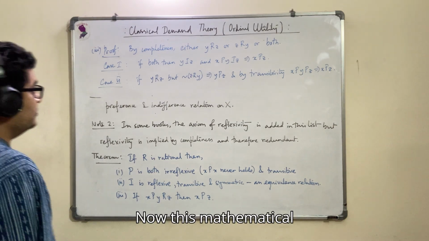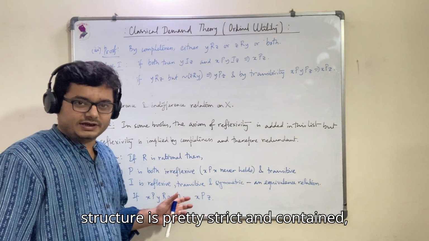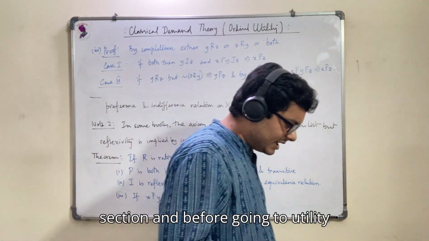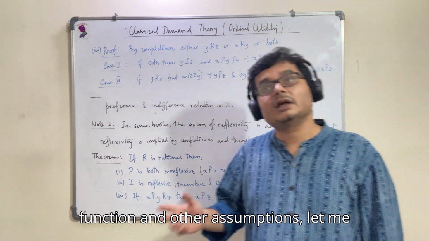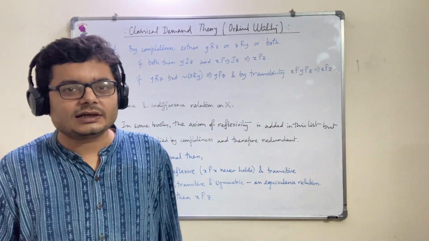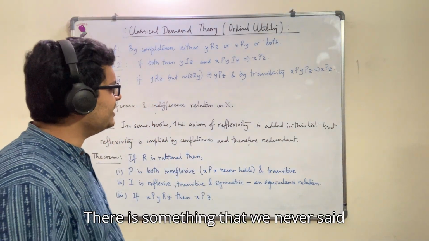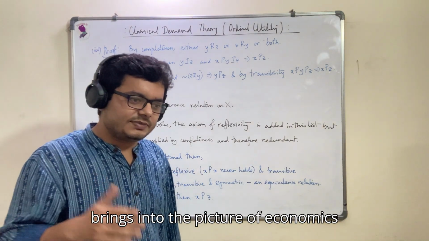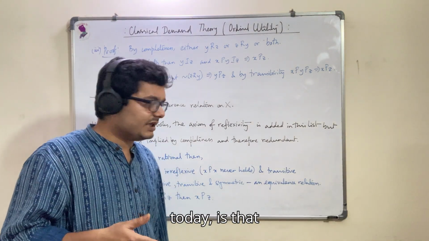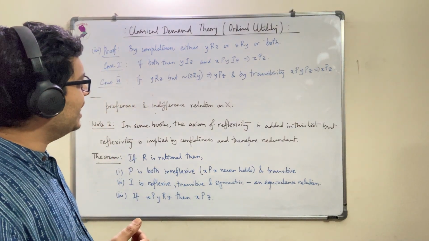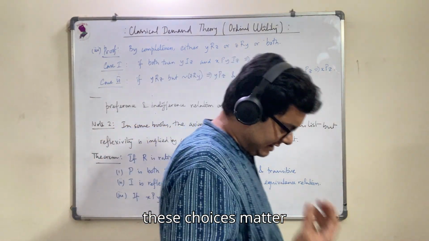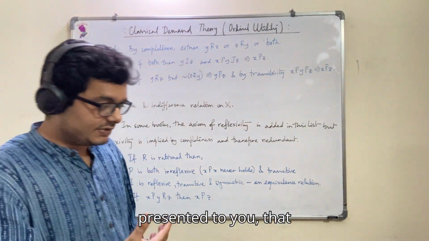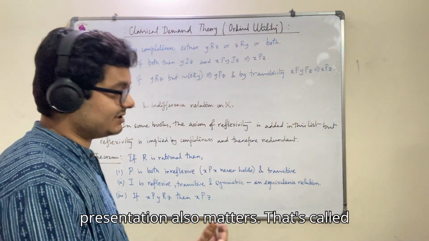Now, this mathematical structure is pretty strict and contained, but before ending this section and going to utility function and other assumptions, let me say that there is something we never said here, an angle which psychology brings into the picture of economics today: the choices matter obviously, but the way these choices are presented to you also matters.